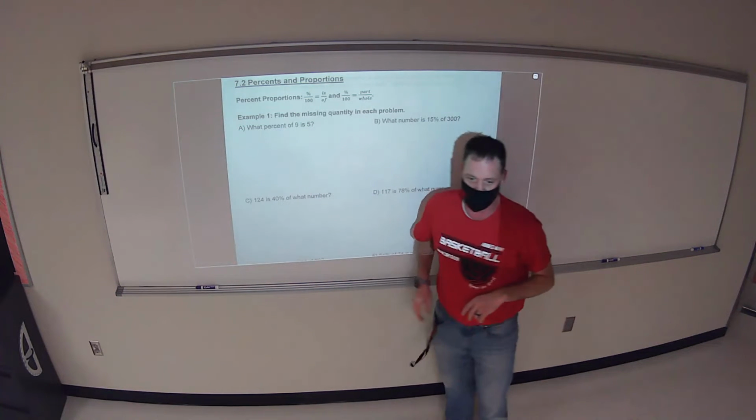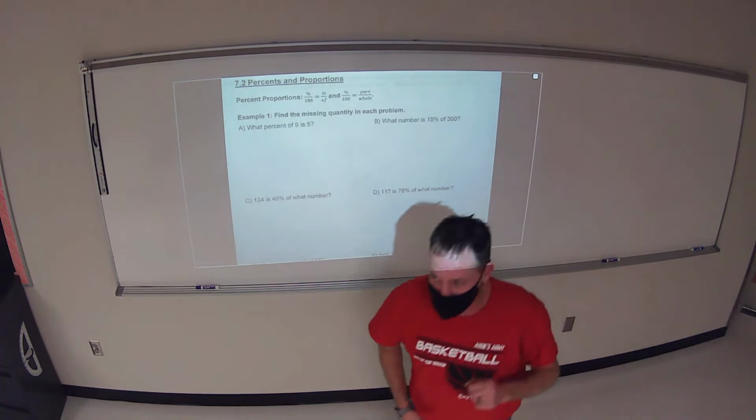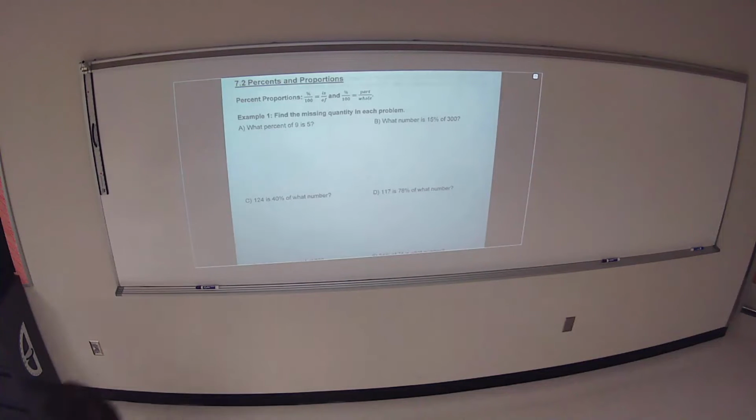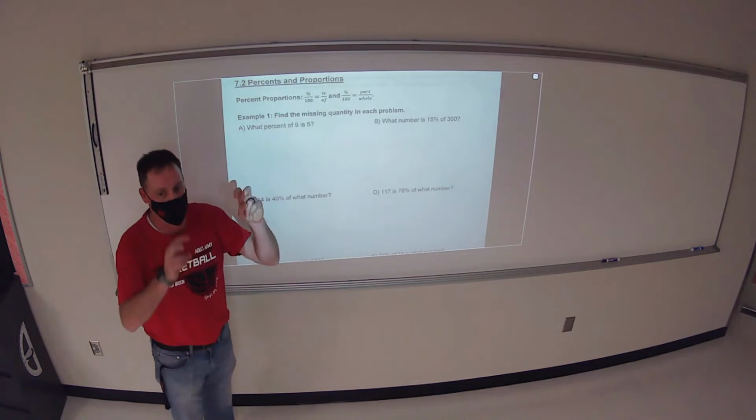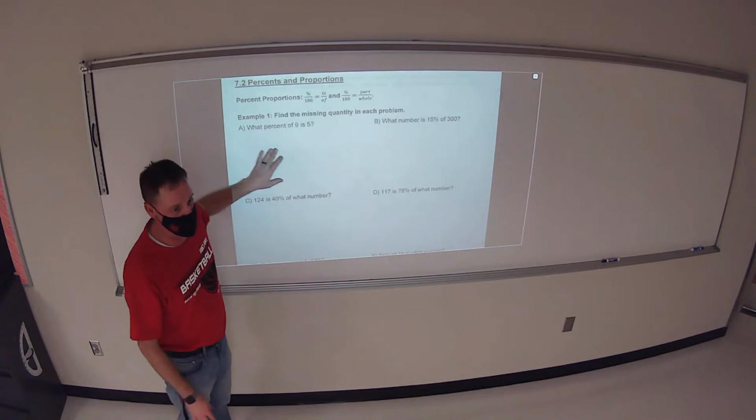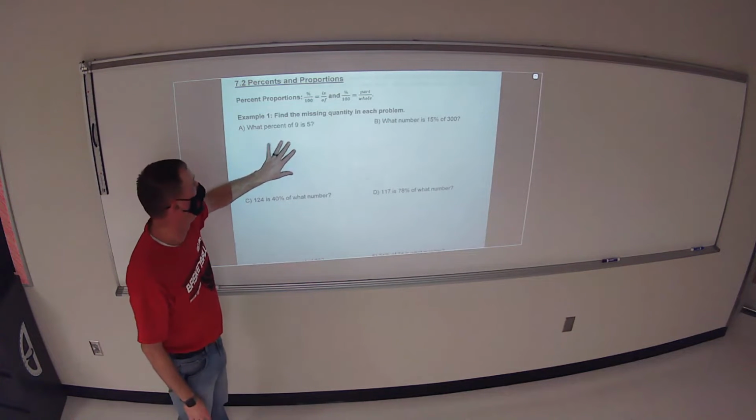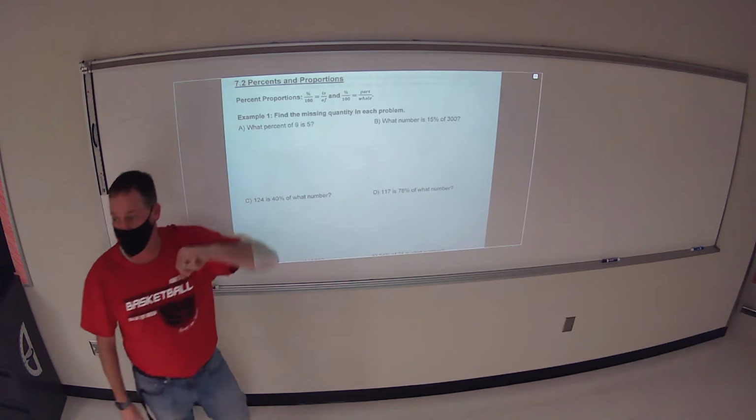It says percent over 100 is equal to is over of. You might say, what in the world does this have to do with anything? These are the key words that you're going to use in our quote-unquote story problems, because these are super short story problems. They are keywords to identify what goes where.